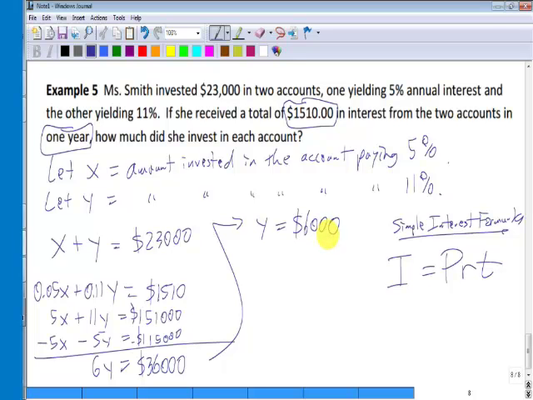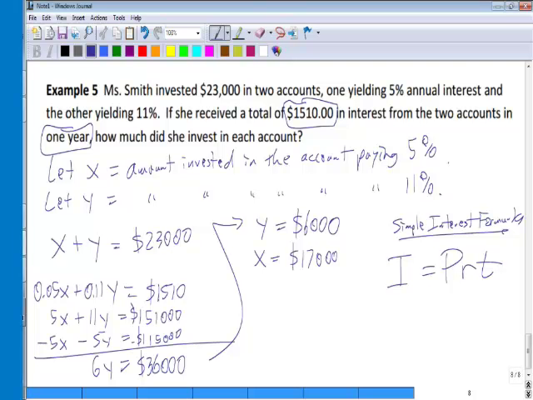And by substituting into the top equation and subtracting 6,000 from 23,000, we get that x, whoa, that's plenty of zeros. X equals $17,000 if those two add up to $23,000. We need the number that when you add it to $6,000, you get $23,000.